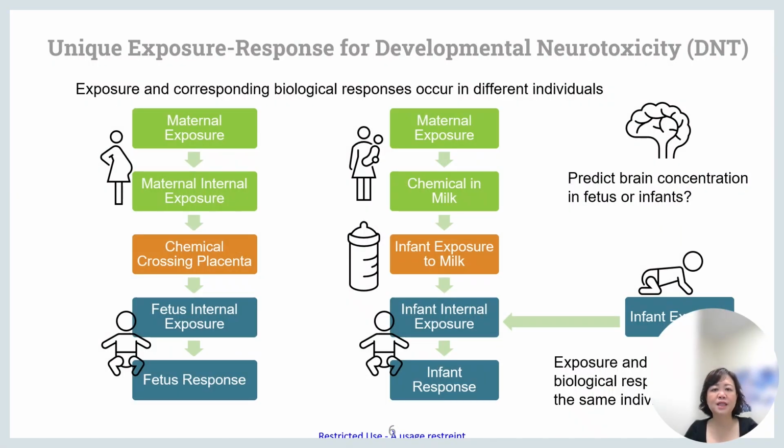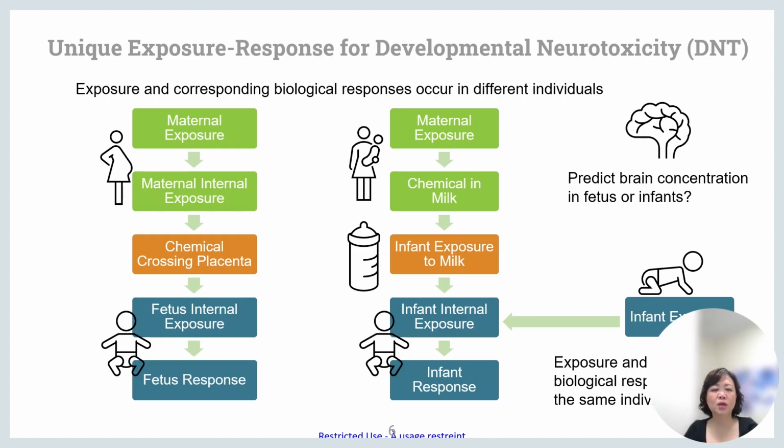When considering DNT, except in cases where an infant is directly exposed to a chemical, initial exposure often occurs in the mother. The DNT effects might then occur in the fetus or nursing infant through secondary exposure. Also, the target tissue for DNT effects is the brain.